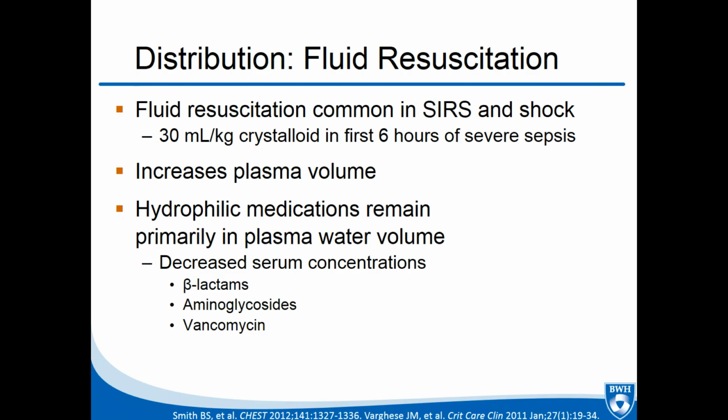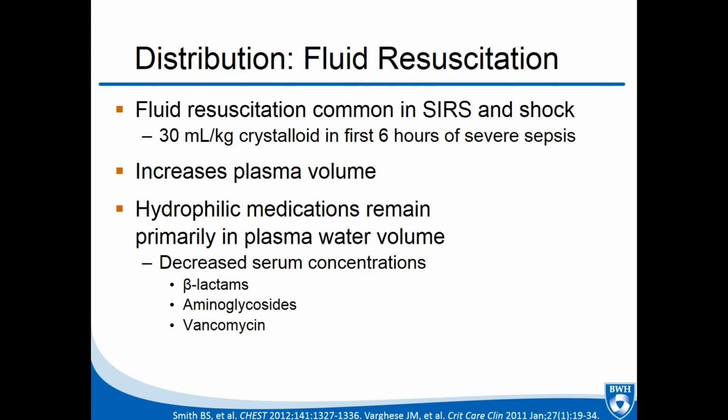Other times when distribution will be altered is with the heavy-duty fluid resuscitation that we're administering to patients, common in SIRS and shock, meeting our SEP-1 goals of 30 mLs per kg of crystalloid in the first 6 hours. This will drastically alter the distribution of many medications.